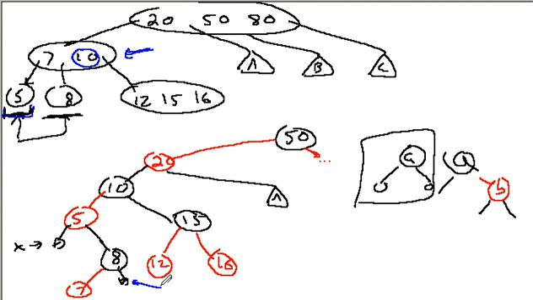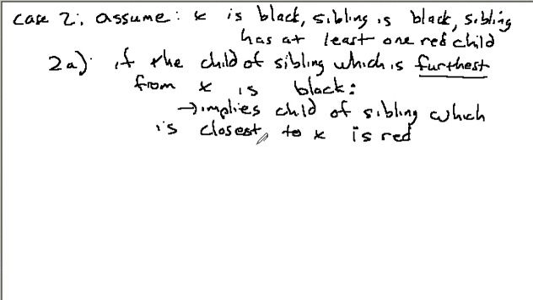If 8 has at least one red child, but the furthest child from x is black, then that implies there has to be a red somewhere. If the furthest one from x is not red, then the closest one to x has to be red. That's the meaning of this statement. One of the children of the sibling has to be red. That's what we assumed by starting case 2. If they were both black, we'd be in case 3.